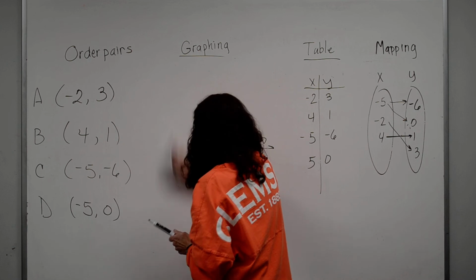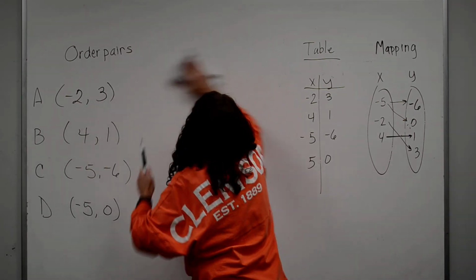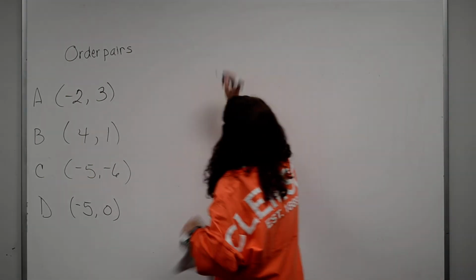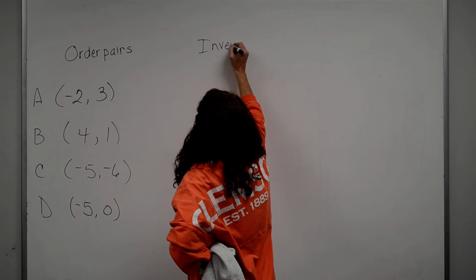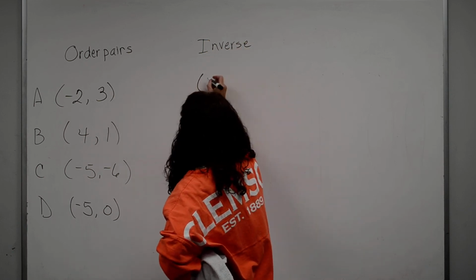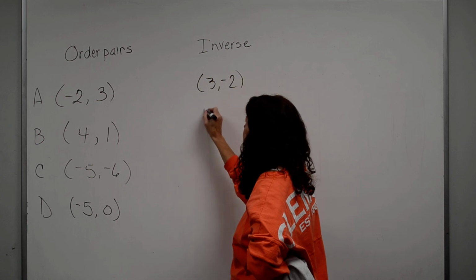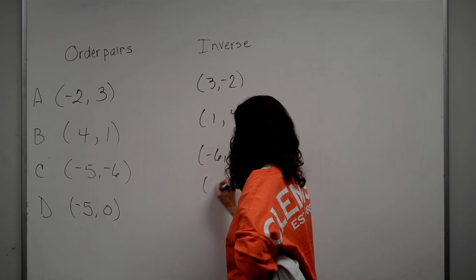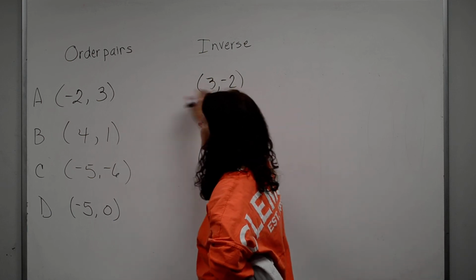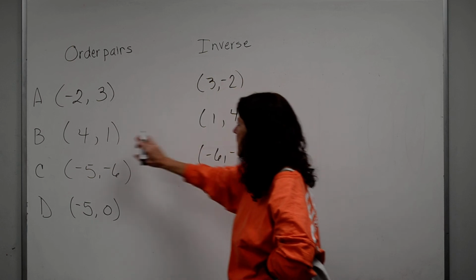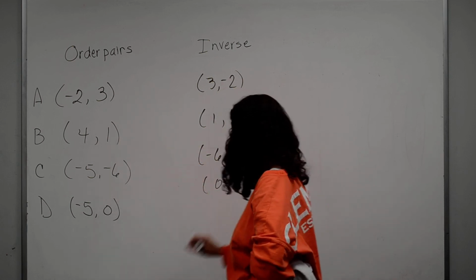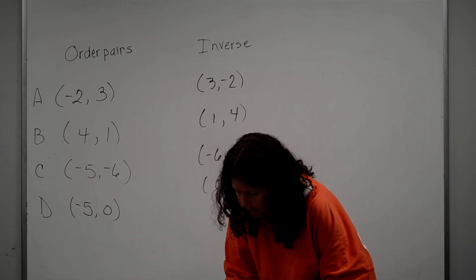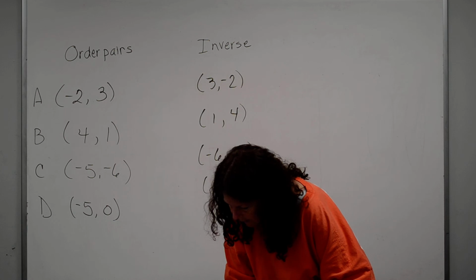Let's say they asked you for the inverse of this relationship between the X and the Y. If they say inverse, literally all they mean is switch the X and the Y. So this is the inverse of that. This is the inverse of that. This is the inverse of that. And this is the inverse of that.